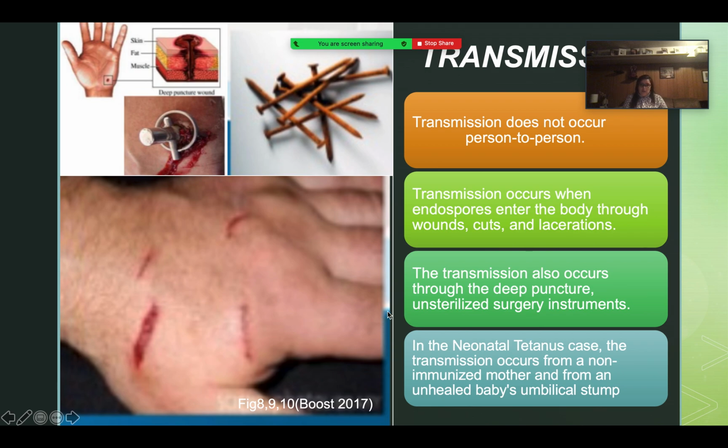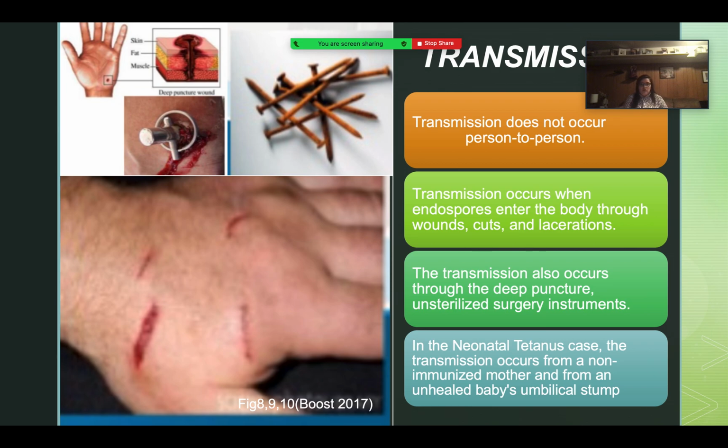The transmission is going to occur through the Clostridium tetani. The Clostridium tetani is primarily saprophytic. It means that it lives in dead or decaying matter and only incidentally infects humans.